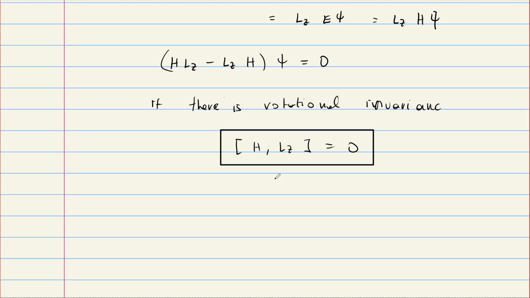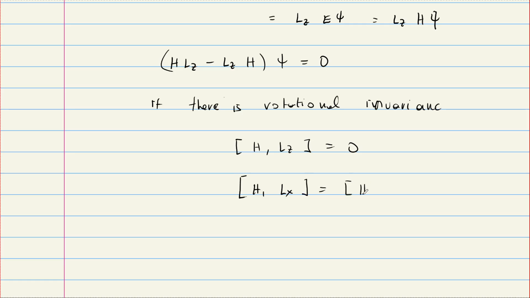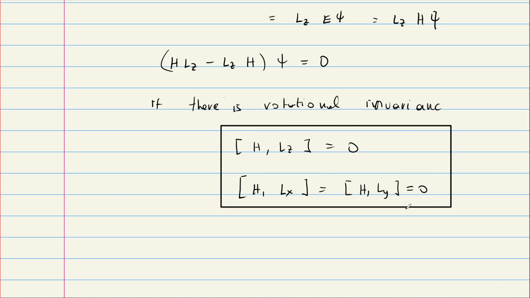You could just put them in the other order. That means immediately [H, Lx] is also 0. And [H, Ly] is also 0. So this is the full statement about rotational invariance.